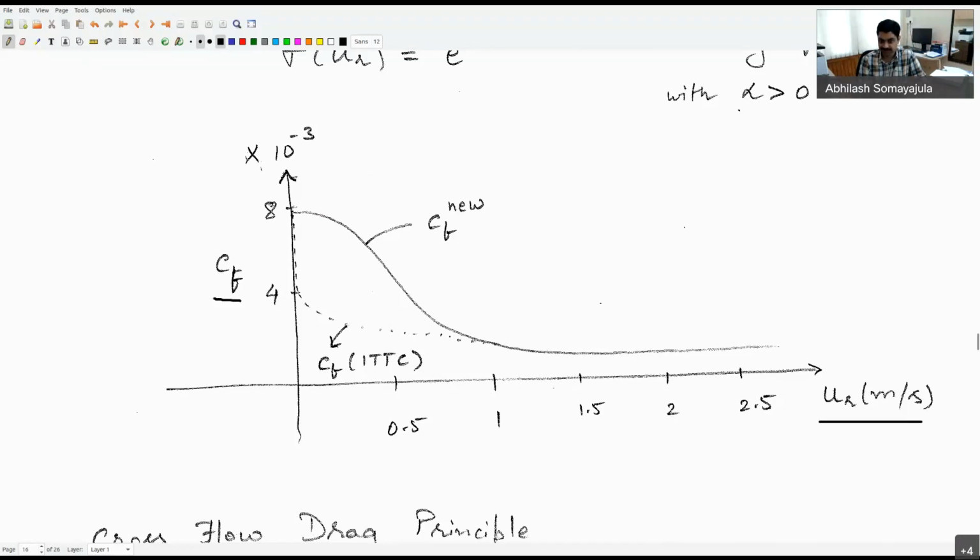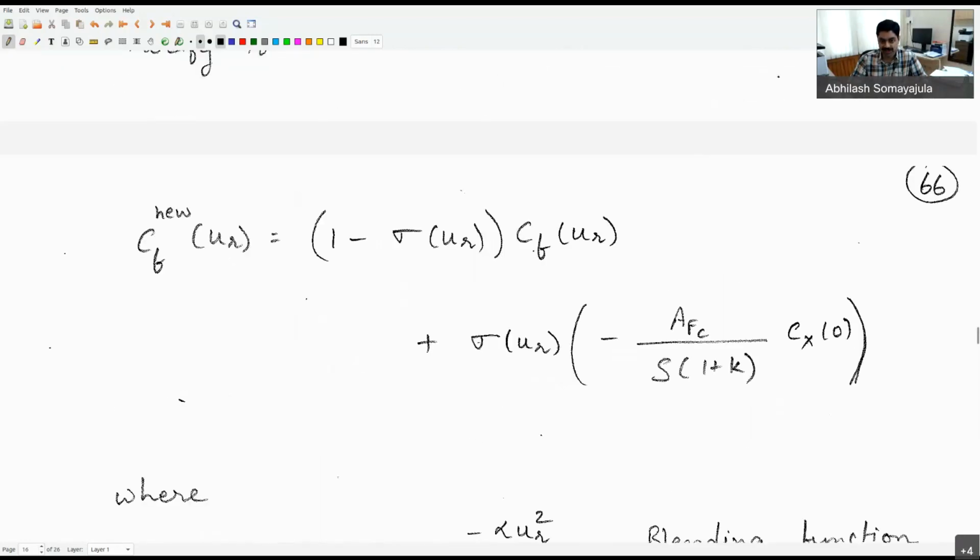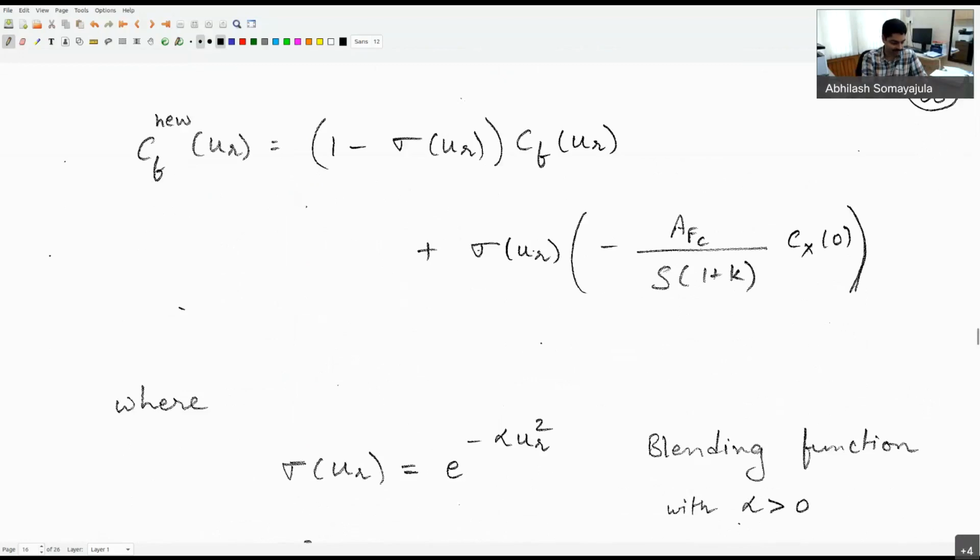So I need a modification for it. I can calculate the current coefficient using the wind tunnel experiments and modify the formula by applying a different scaling value. What I will do is a so-called blending, which means I take the skin friction value when UR is high, but I want it to represent the current value when UR is low. Is that making sense?